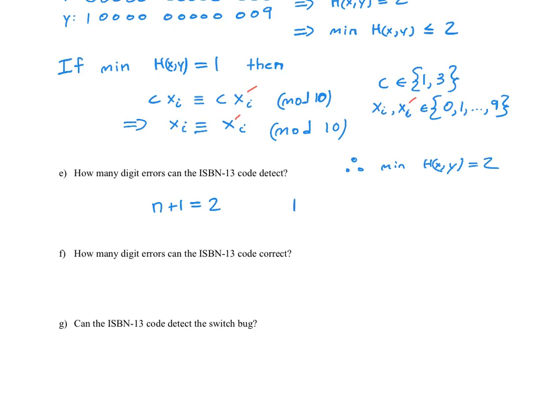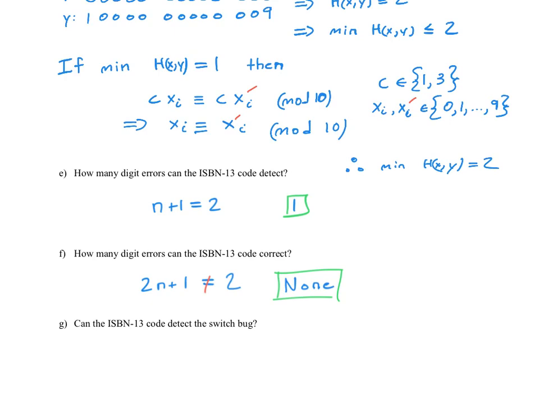So we can detect 1 error, and the number that we need for correction is 2n plus 1, and we'd need to make that equal to the number 2, and that's impossible, so there are no errors that can be corrected. So we can't do any error correction with the ISBN 13, at least for the digit error.